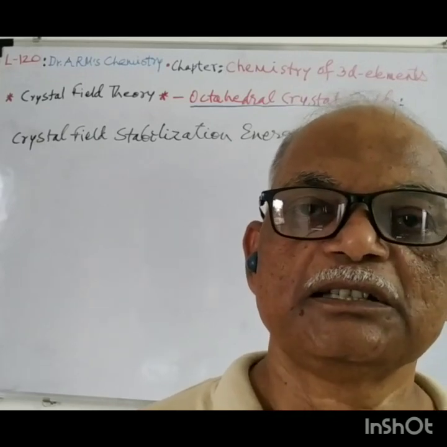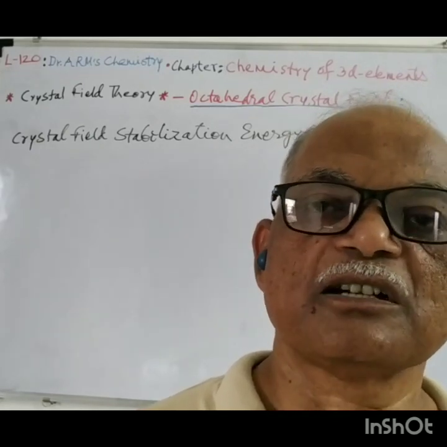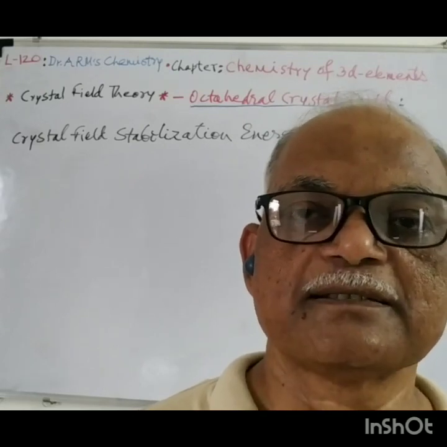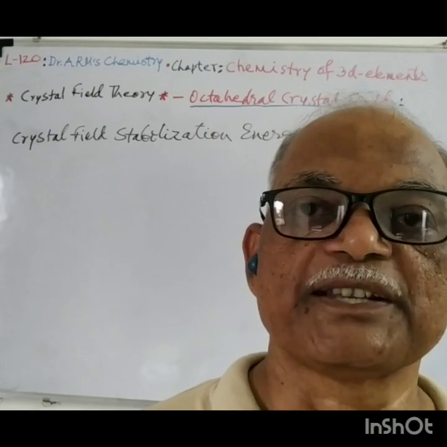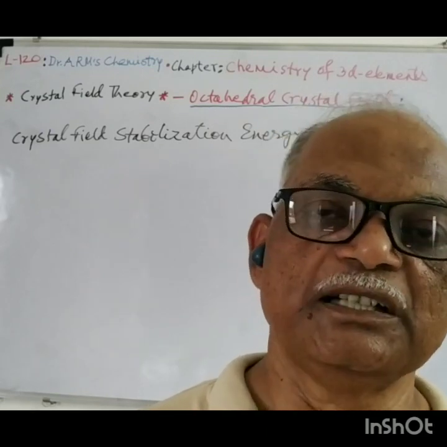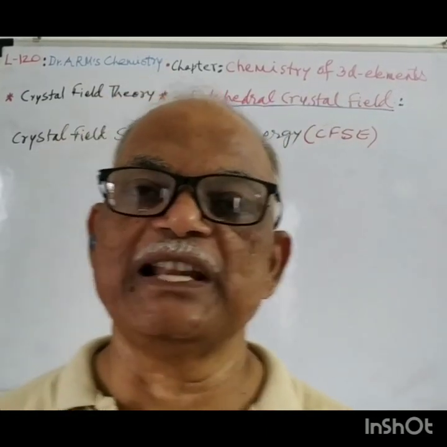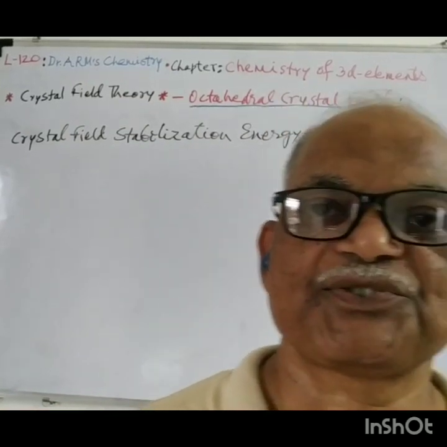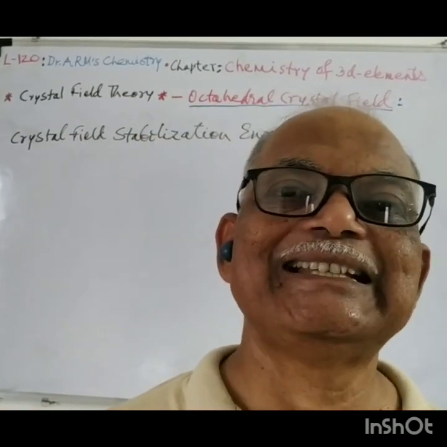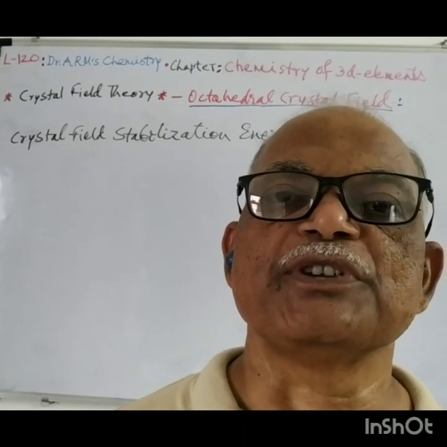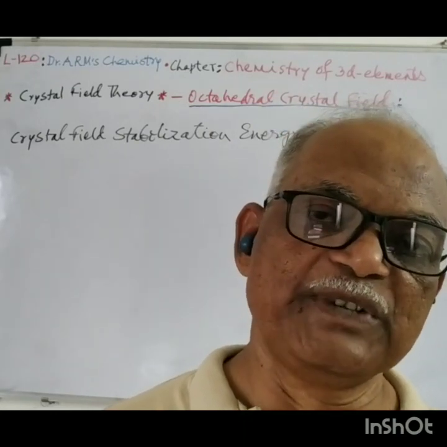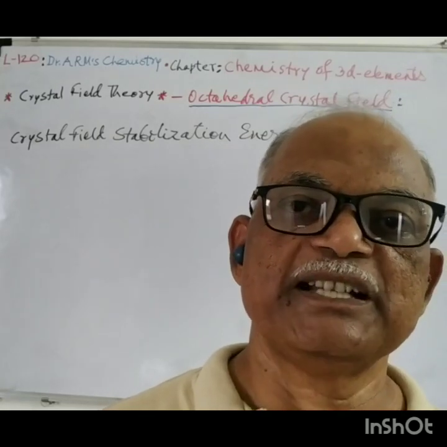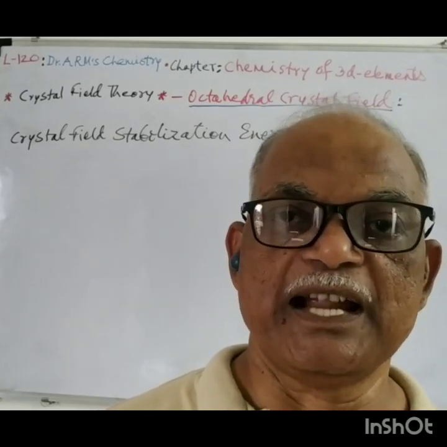So the stable complex will not undergo reactions like substitution reactions, but the complex which is having a smaller value of delta, that is crystal field, will easily undergo substitution reactions, in which the weak field ligands are replaced by strong field ligands.